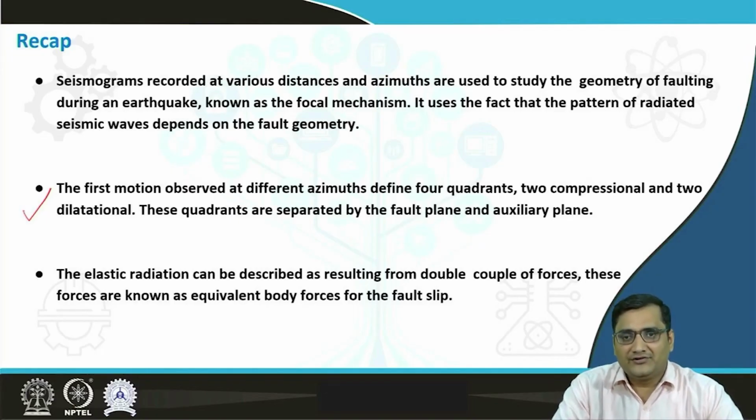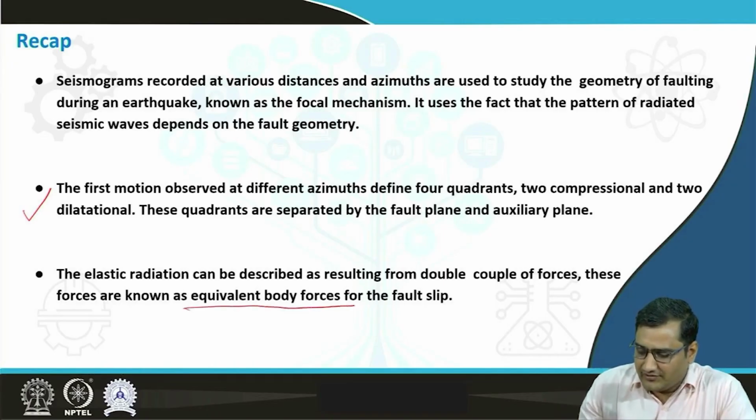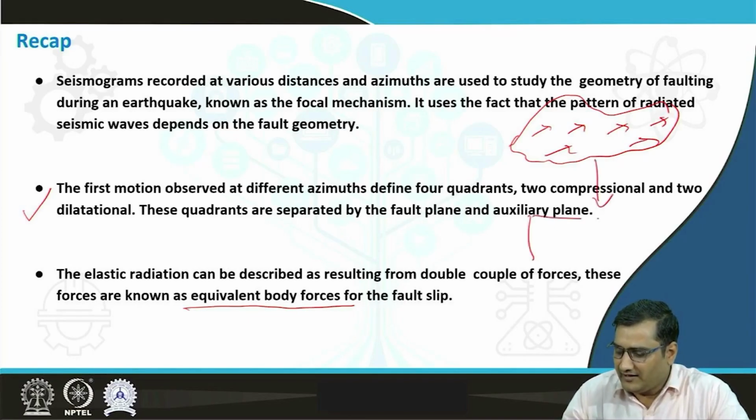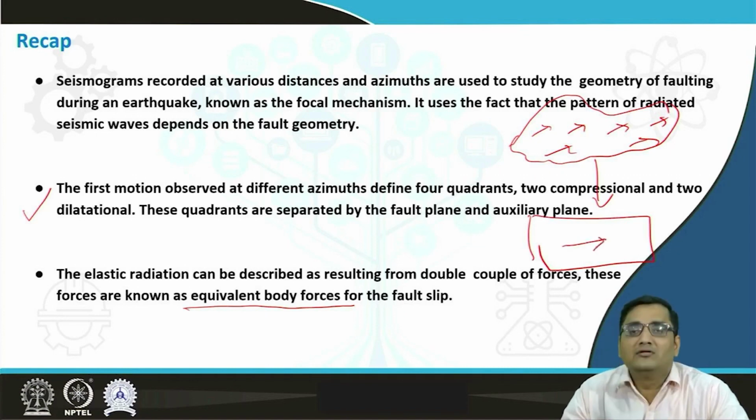The elastic radiations can be described as resulting from a double couple of forces, and these forces are known as equivalent body forces. If you remember, we have seen some irregular surface on which some forces are occurring along the fault plane, and we can equivalently define a rectangular block and define the equivalent slip along the fault that is equivalent to the slip happening on the elemental area of the irregular shaped body.